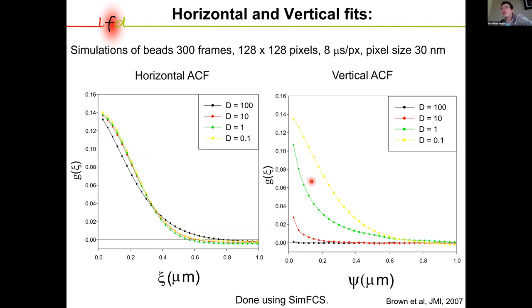This is kind of nice because you are having it as a 2D system. You're exploring two different time scales, the microsecond time scale typically for the pixel to pixel and the millisecond time scale typically for the line to line. So you have access to a broader suitable range to get the diffusion coefficients of molecules.